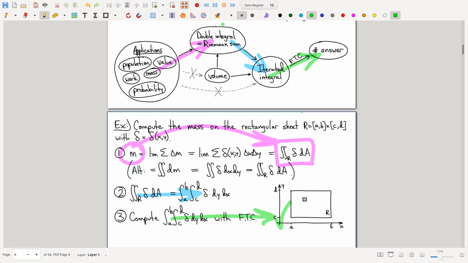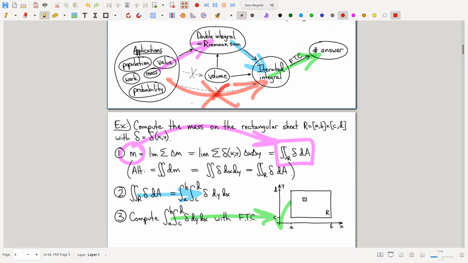Do keep in mind, this is an important point from a grading standpoint. This is not about answers. This is about reasoning. Reasoning's important, and you can see we've gone to a lot of trouble here, defining a whole new thing called a double integral to get around the fact that this right here is a bunch of nonsense.